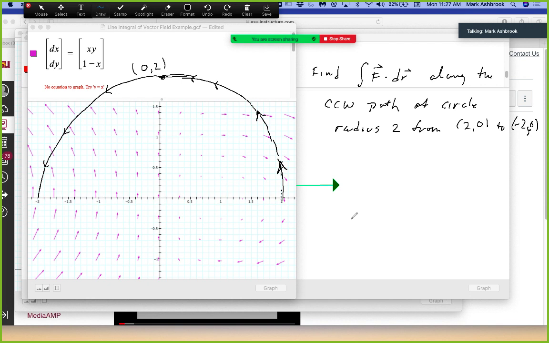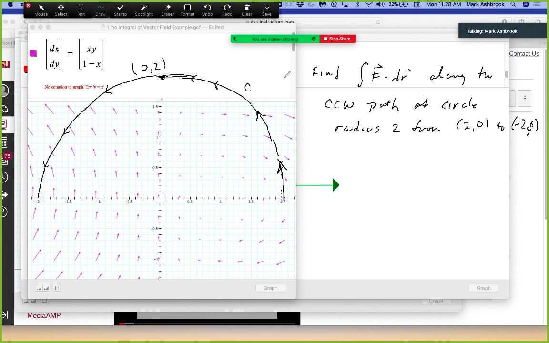Okay, and so what do we need to do this line integral? We need two functions. What two functions do we need to compute this line integral? F and dr.